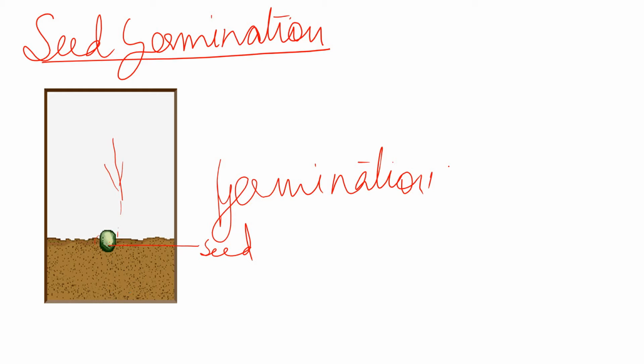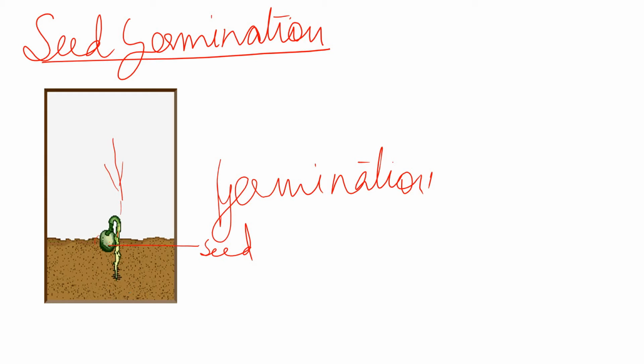Can you see in this small animated video that the inactive embryo inside the seed has become active due to the watering of the seed, the sunlight, and the sufficient amount of air? The environment was conducive for this dormant embryo to become active, and then it develops into a new plant. That is called germination.